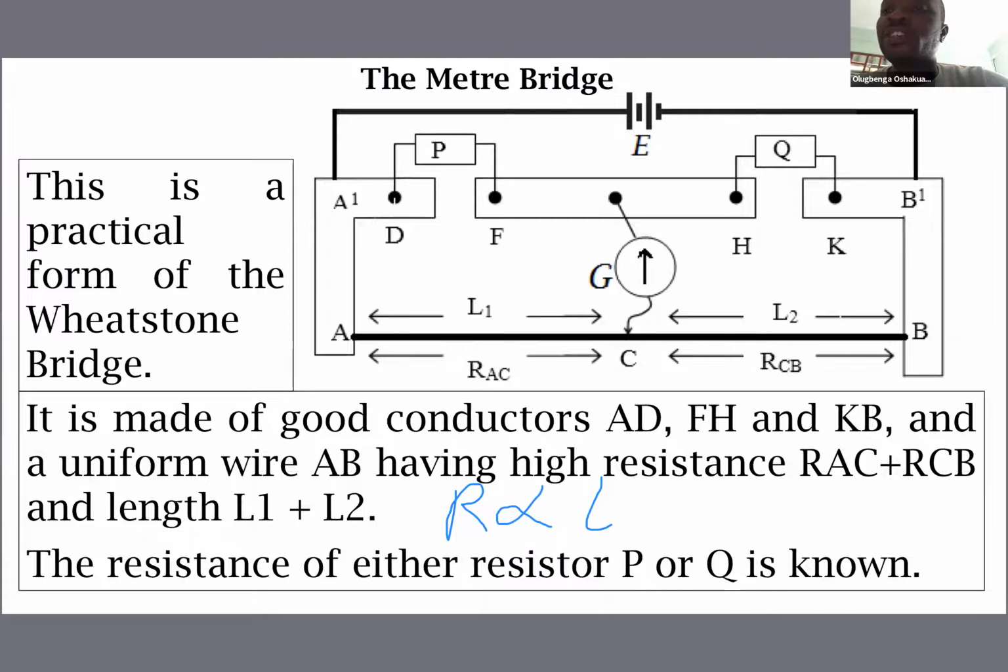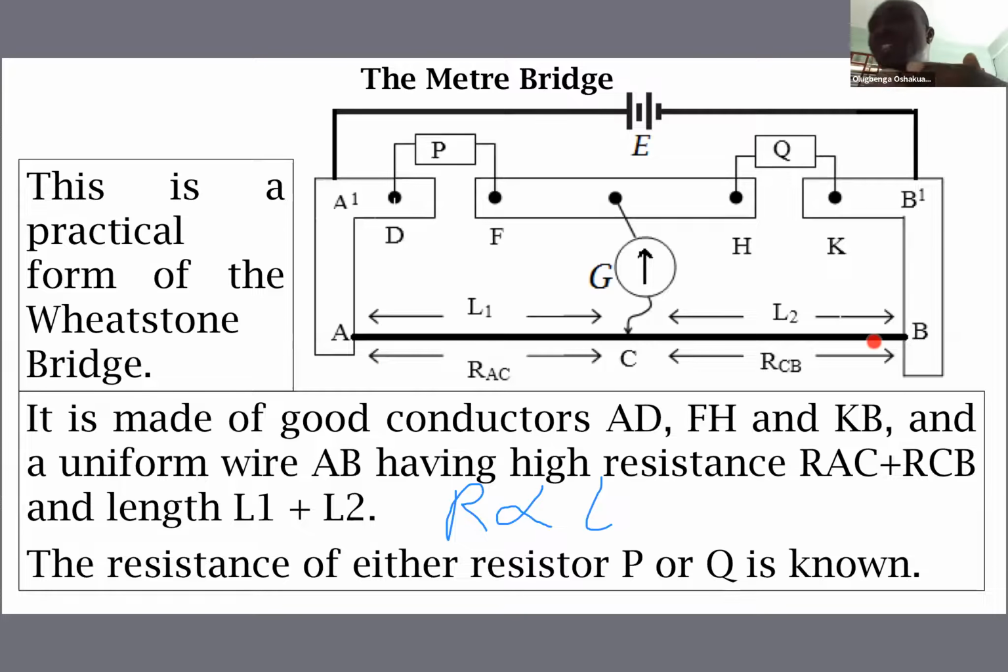So that means that we can split A and B into two with this galvanometer. From this point B, we have set up resistor P, resistor Q, and another resistor of length AB.